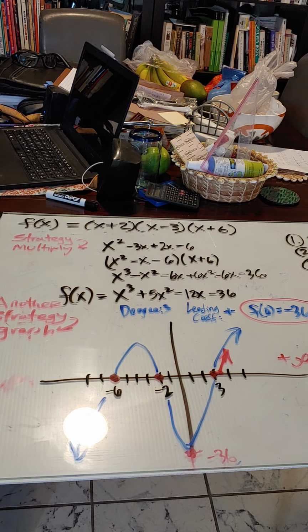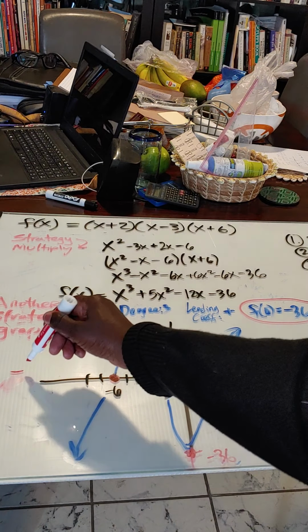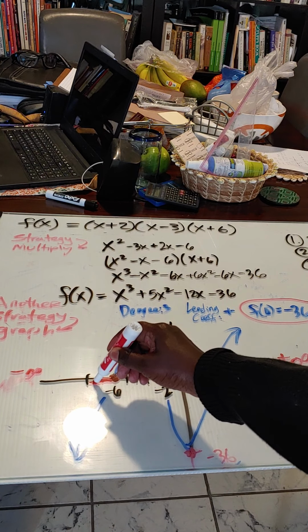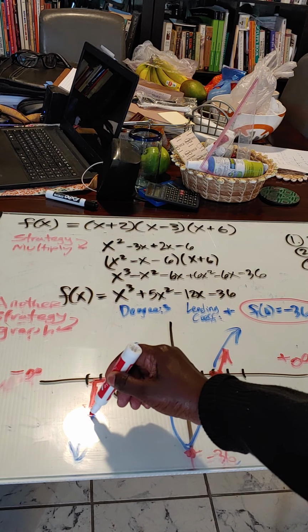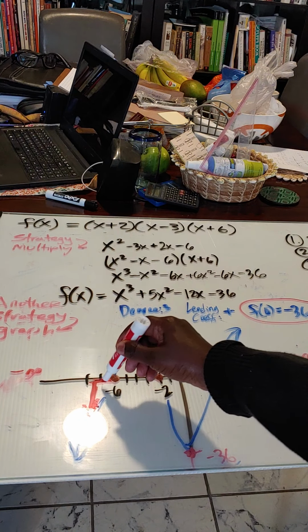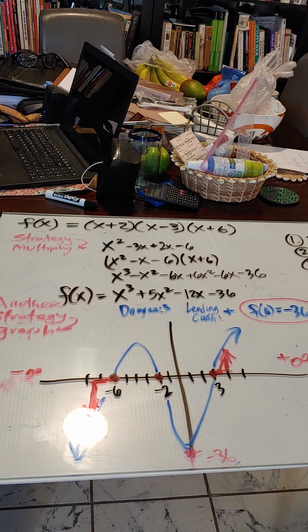Okay, so to the left, it's negative infinity. So this function from here is going here and going in this manner. And so we can look at from negative infinity what's happening.